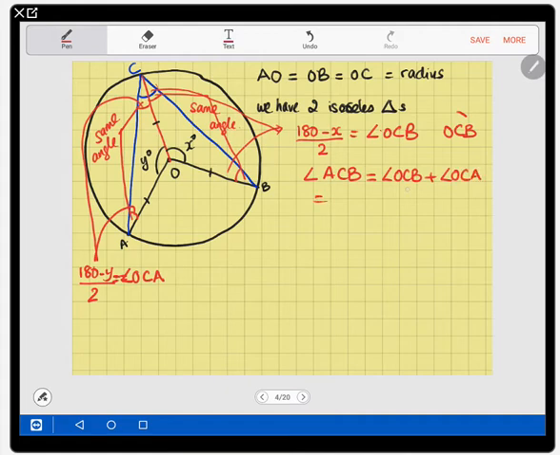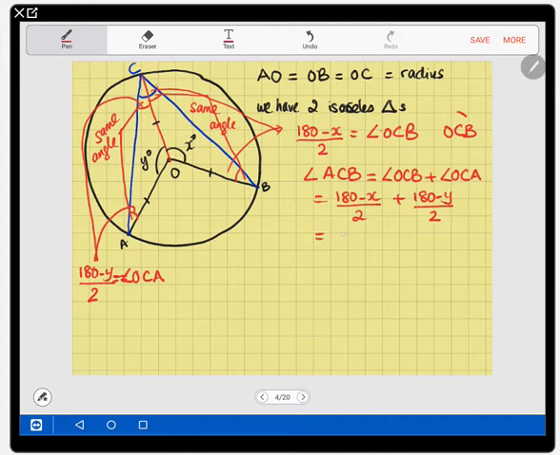And what is this angle? It's 180 minus x divided by 2 plus 180 minus y divided by 2. Okay. If we simplify that, what will we get?